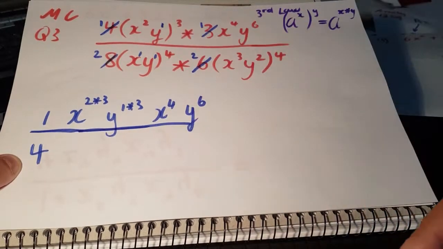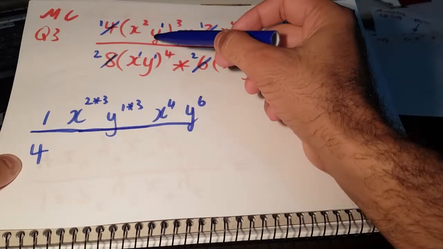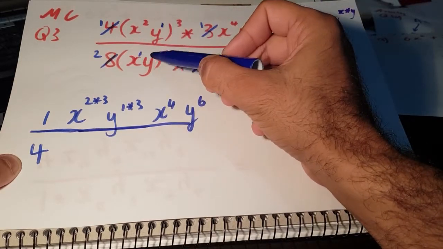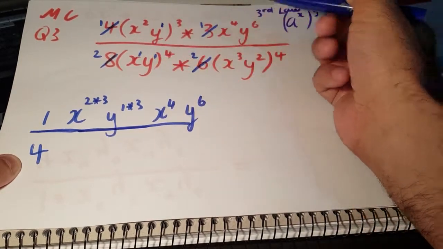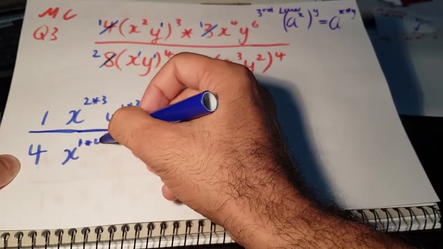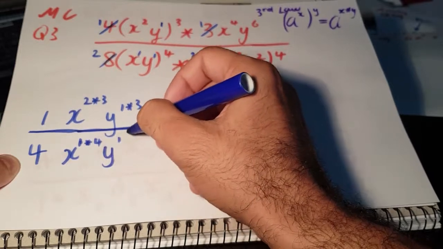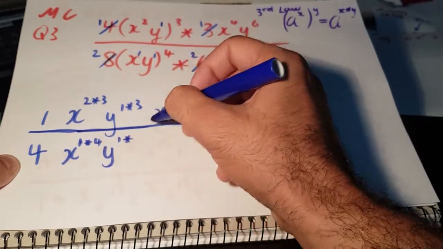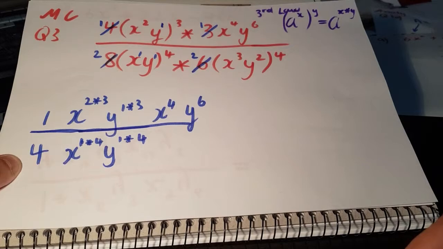Now when we're doing this one here, this will be x to the power of 4, because 1 times 4 and 1 times 4. So this will be x 1 times 4. And then y will be y to the power of 1 times 4.